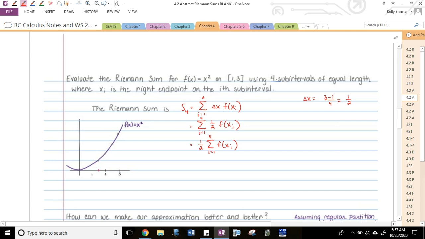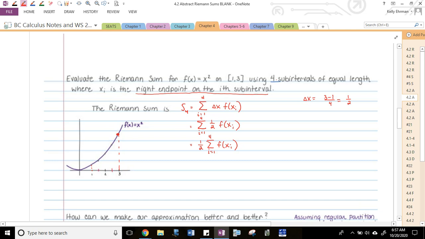So here's where we're thinking, okay, what is this f of x sub i? Now here it tells us f of x sub i is the right endpoint on the ith subinterval. So we're going from 1 to 3. Let's mark off our area of interest. We're supposed to start on the far right. That's the first x sub i.